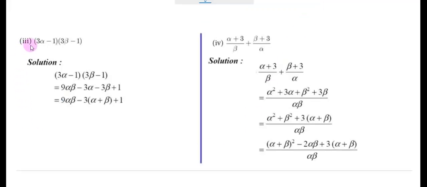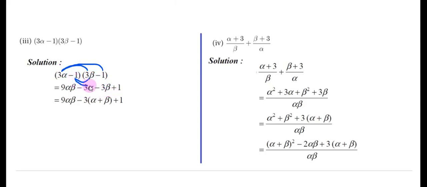Now subdivision 3: 3 alpha minus 1 into 3 beta minus 1. Let us multiply. 3 alpha, 3 beta, 3 3s are 9, alpha beta. Now 3 into minus 1, so minus 3 alpha. Now minus 1 into 3 beta, minus 3 beta.